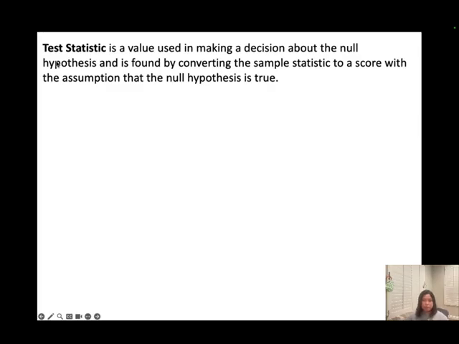Okay, test statistic. A test statistic is a value used in making a decision about the null hypothesis and is found by converting the sample statistic to a score with the assumption that the null hypothesis is true. Let me explain this part. First, let's say I have the null and alternate hypothesis. Since this is less than, we have the left tail test.